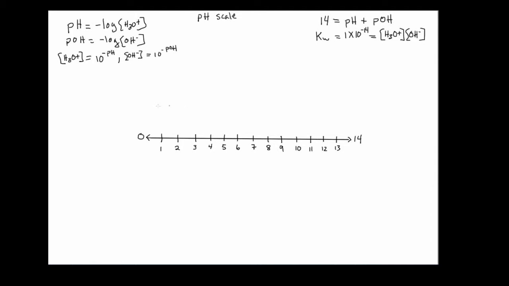Going into this, the main motivation to create this scale was to have a way of relating the concentration of H3O plus and the concentration of OH minus in a situation where we could compare whole numbers or decimal numbers that are at least convenient to deal with.